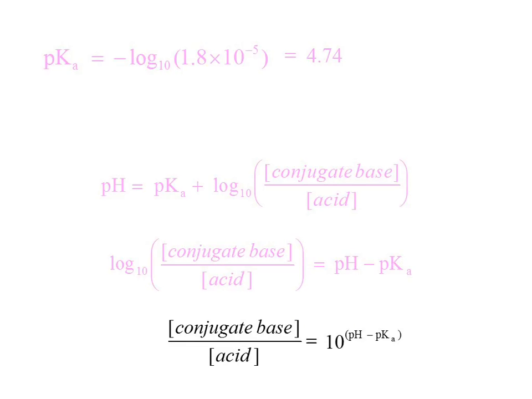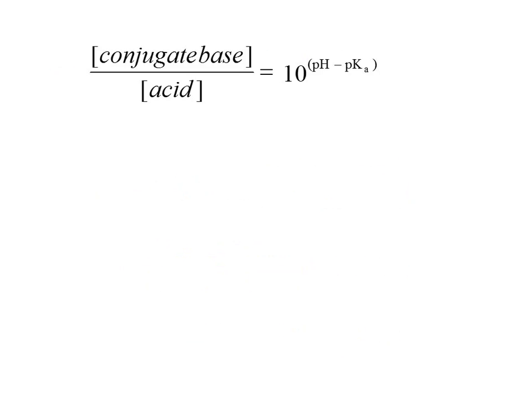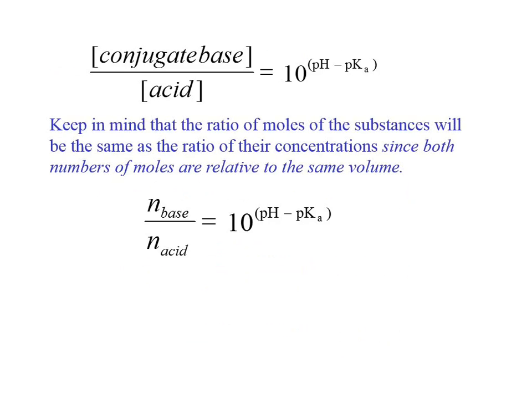We could go ahead and do one more thing here. Instead of the molar concentration of the base, we could say the moles of base divided by the moles of acid, the conjugate acid-base pair in a buffered solution, is equal to 10 raised to the pH minus the pKa. And it's this one that we're going to use this time, and I'll show you what I mean. Okay, so back to the problem.